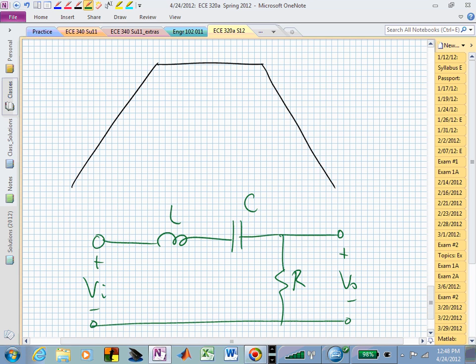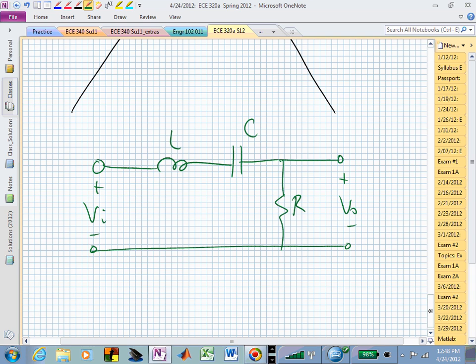Hopefully you can convince yourself, maybe not now, but later, that if you find the transfer function between those inputs and outputs with the appropriate choices of R, L, and C, you can create this bandpass structure, which favors passing intermediate frequencies.